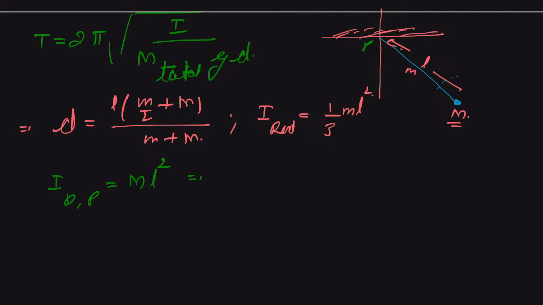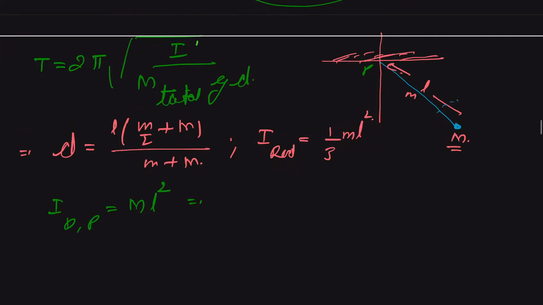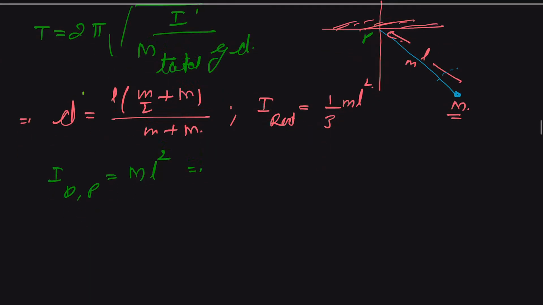Therefore, let us call this I prime in order to differentiate, and this is d prime and m prime total. So everything will be different. So we have this as I disk about P, let us call this I prime. So we can say our total moment of inertia I prime will be equal to I rod prime plus I disk about P prime.